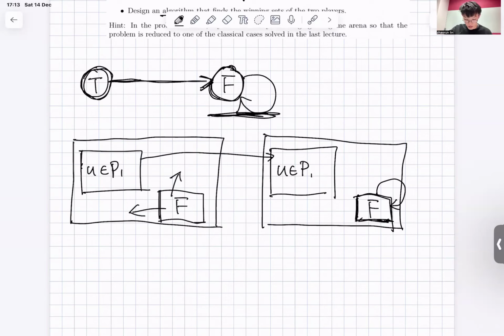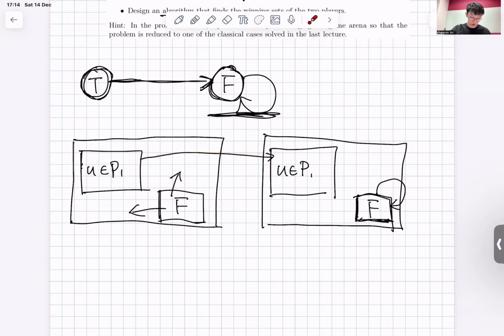Now, if we start here, we can visit F, and then we go out of F, and we can keep on visiting other edges. When we visit a vertex that is player 1's vertex, player 1 can choose whether he wants to go to the second copy.